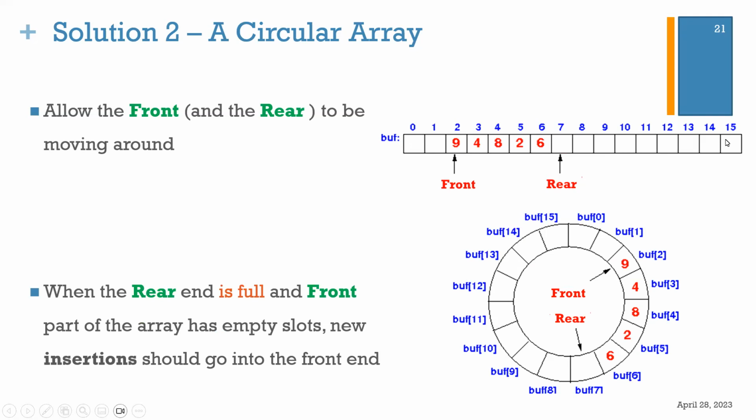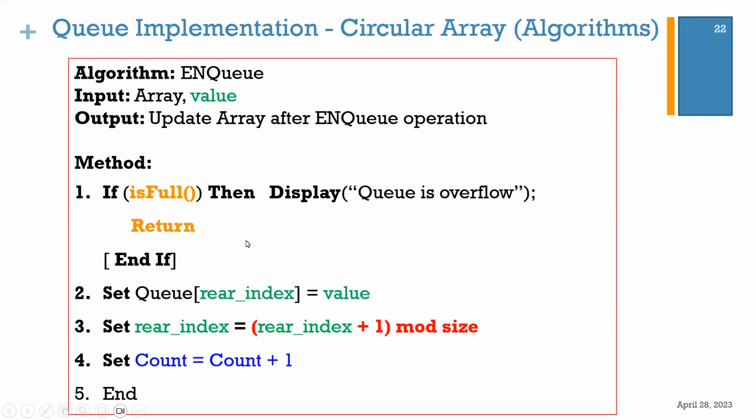Suppose the rear is at 15, so if we take the next element after the rear, we use modulus with 15, which gives us 0. So element 0 will be enqueued. The rear moves to 0, and then we enqueue again, and so on. Take care: when the rear end is full and the front part has empty slots, a new insertion should go into the front.